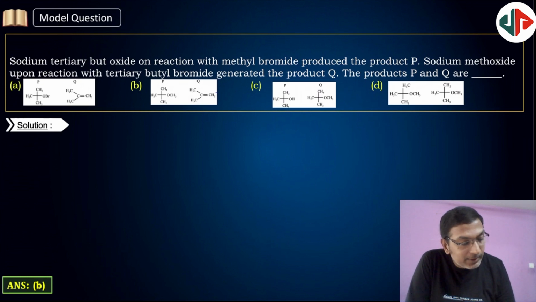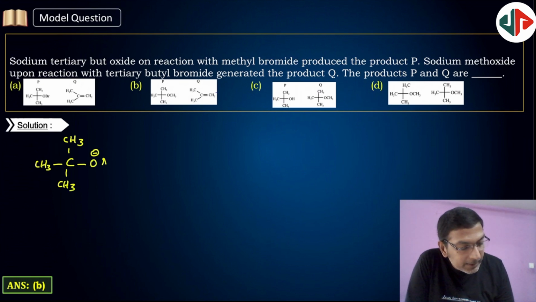So first, sodium tertiary butoxide. That means this compound, on treatment with methyl bromide, CH3Br, delta minus and delta plus.